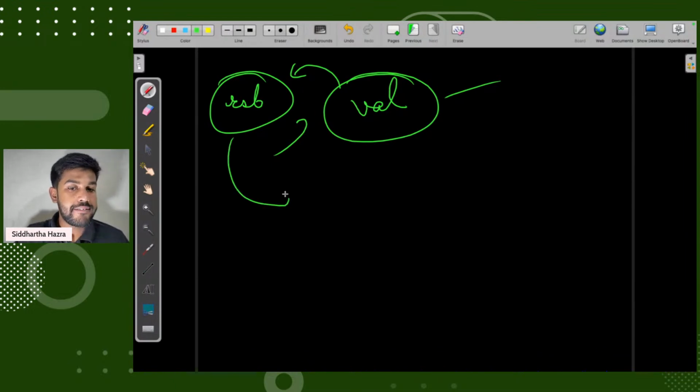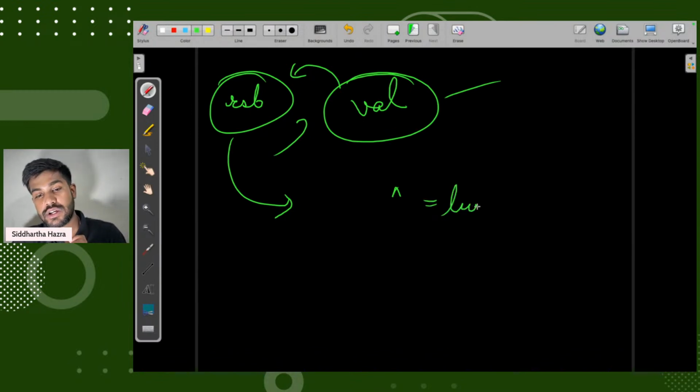Okay, now after finding the RSB, we would check that some values would have that bit turned on, and some values would have that bit turned off.